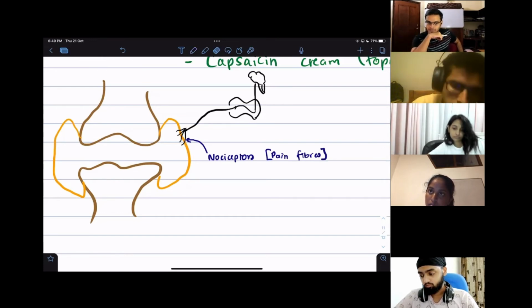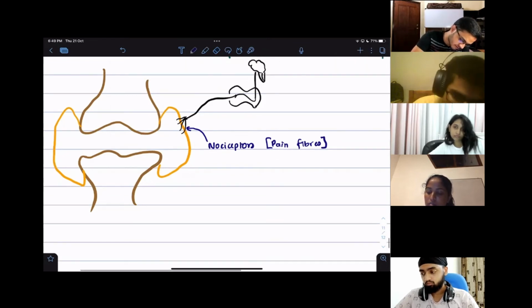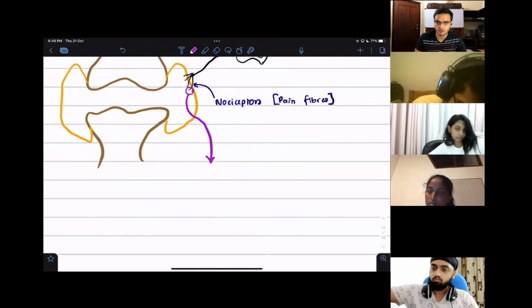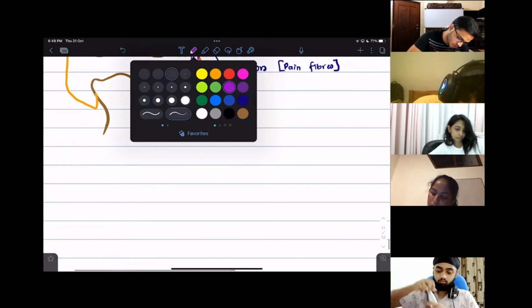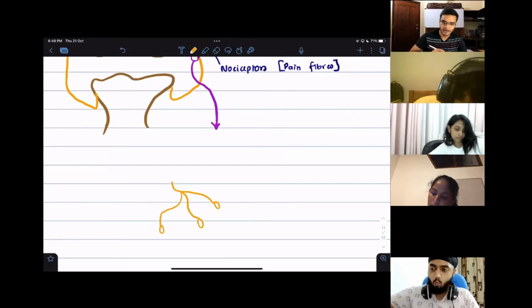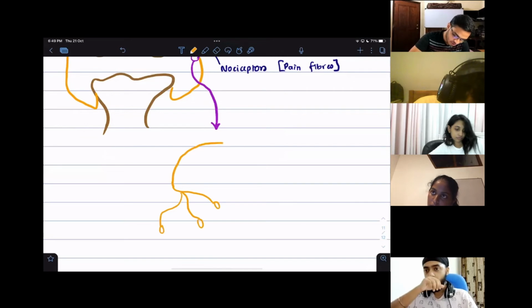There are various types, but we don't need to talk about all of that. What I want you all to know is, if we take a closer look and zoom into one of these nociceptor endings, it's going to look something like this. There are some nerve endings.